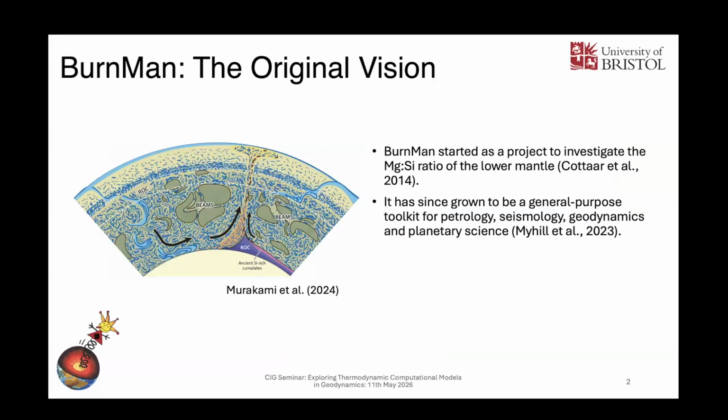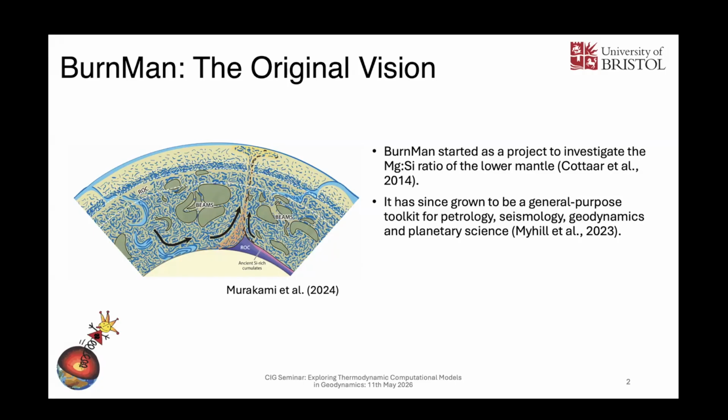So the original vision of BurnMan, as it was envisaged in the 2012 CIDER project, was really to investigate the magnesium-silicon ratio of the lower mantle. And that was born of a few papers that were published in the years before the CIDER workshop that had suggested that the lower mantle was significantly more silica-rich than the upper mantle.